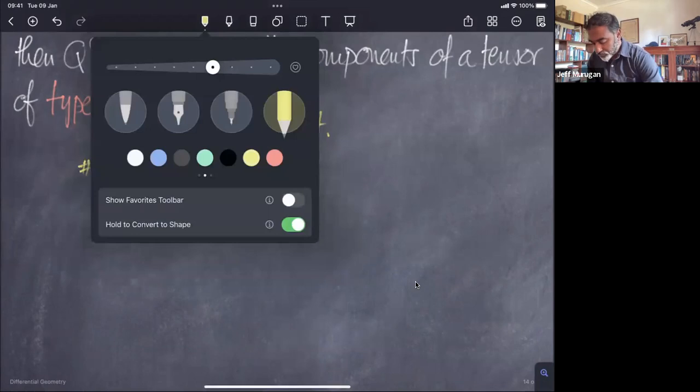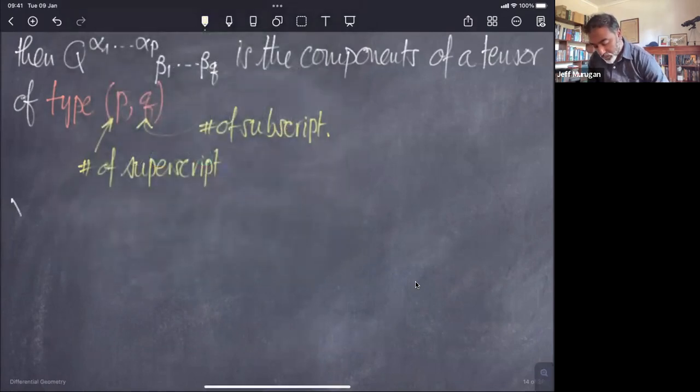And in particular, the sum of those two numbers, P and Q, is called the rank of the tensor.